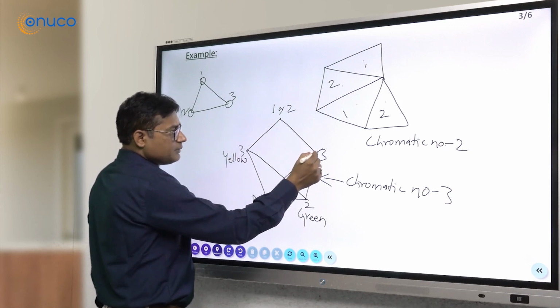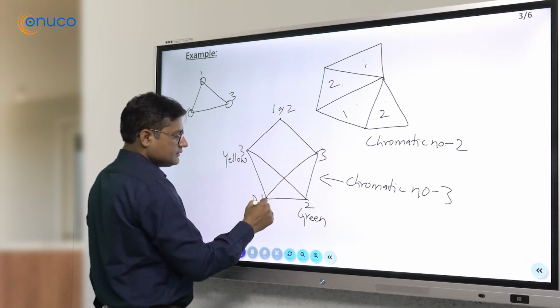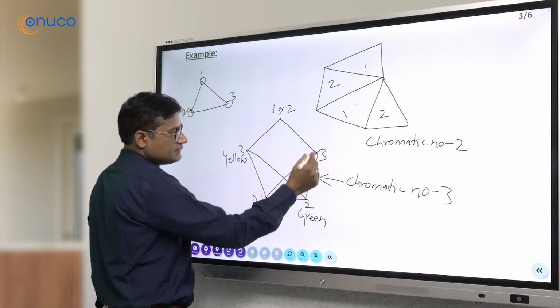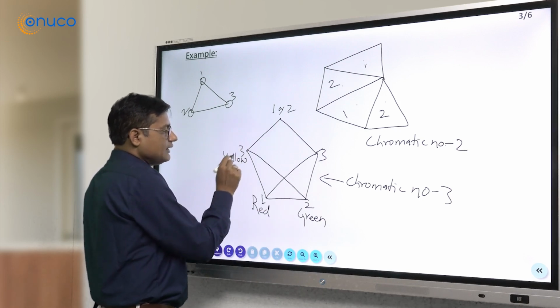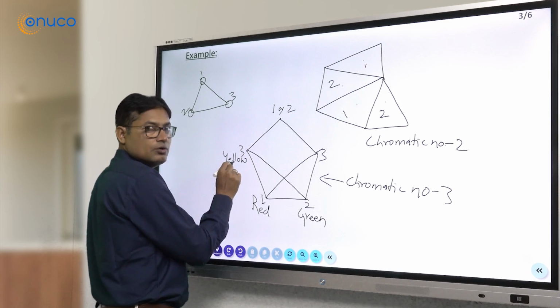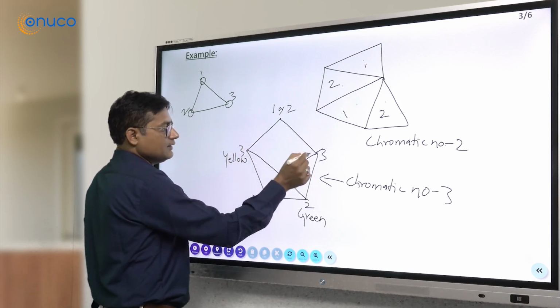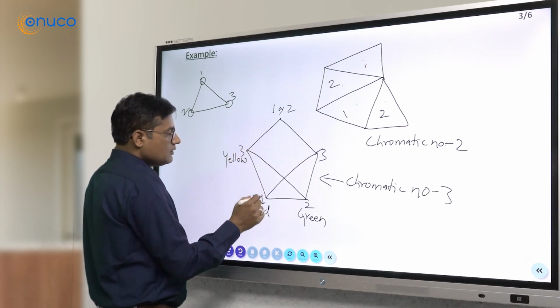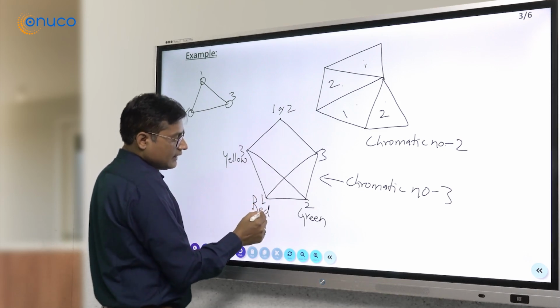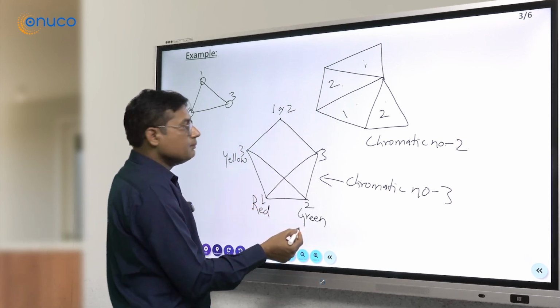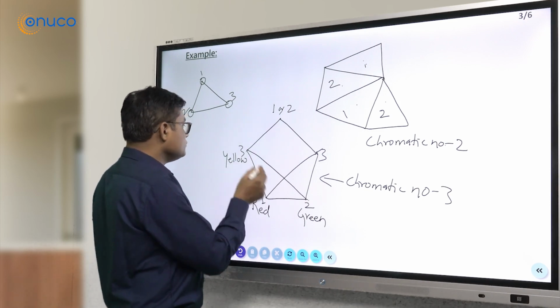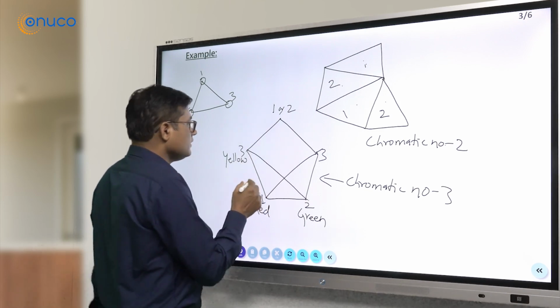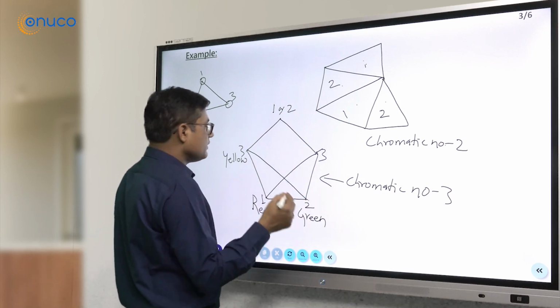Now remember that this particular vertex is adjacent to red and adjacent to green because it is connected directly, but not adjacent to the vertex or region colored with yellow because there is no direct connectivity. Hence we can use any color except red and green. But since yellow is already used in the graph, we are going to use the same color, in such a way that you can use the minimum number of colors.